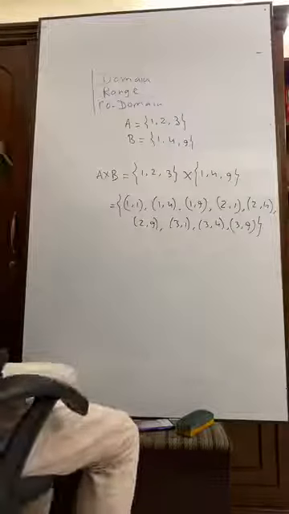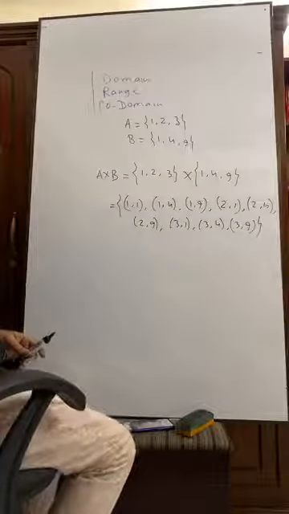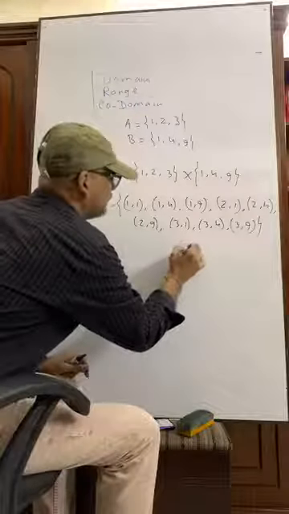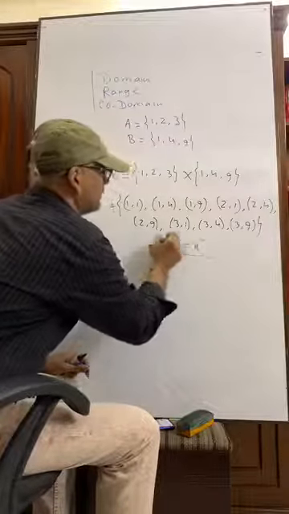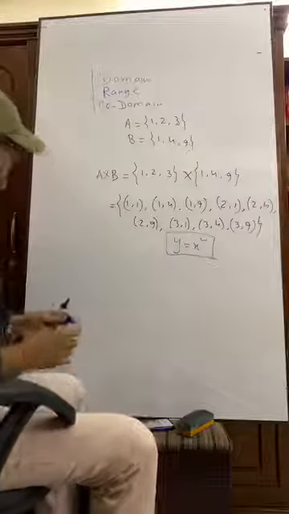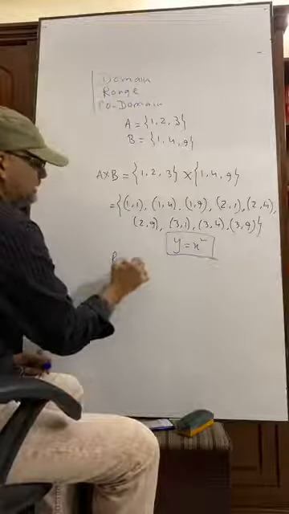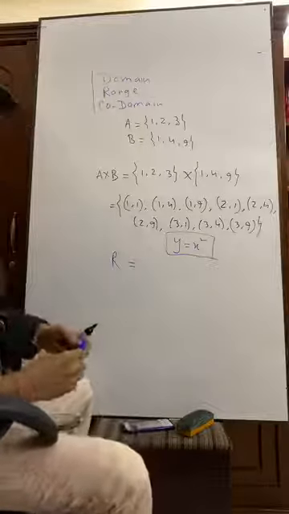If the condition is given like this, y equals x square, then upon this condition the relation will be R, for relation, y equals x square.